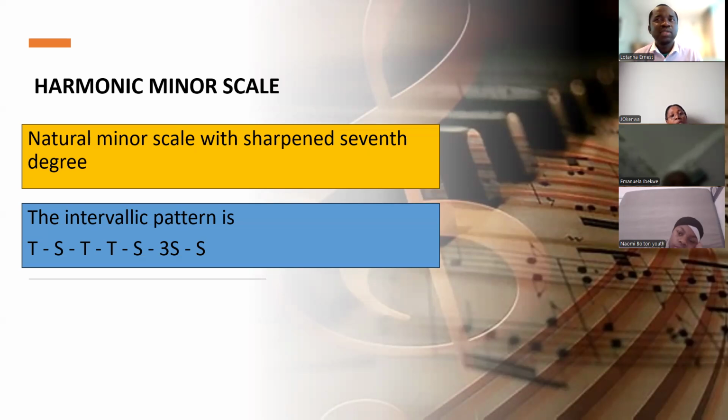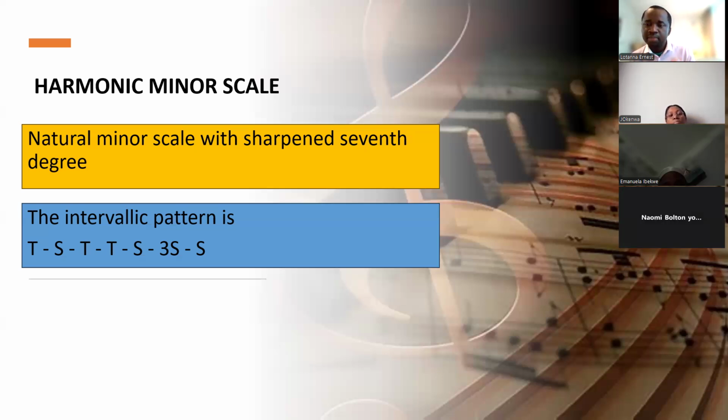I think you are missing it. These things don't represent notes. They represent distance between notes. So each of these T's is a distance, like this first tone is the distance between the first note and the second note. So it's not first or second note. It's between A and B is a tone. Then between B and C is a semitone.